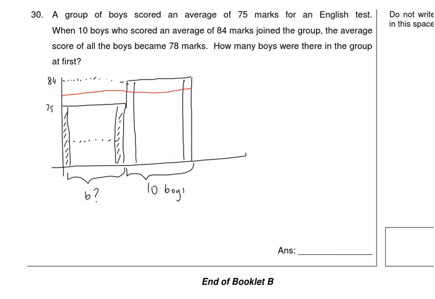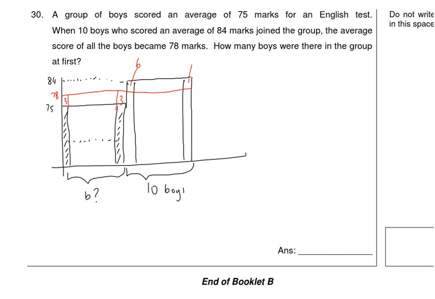So, let's look at it. The first group of boys, each of them, their marks increase by 3 marks, yes or no? And the group that came in later, the 10 boys, their marks dropped by 6 marks, right?